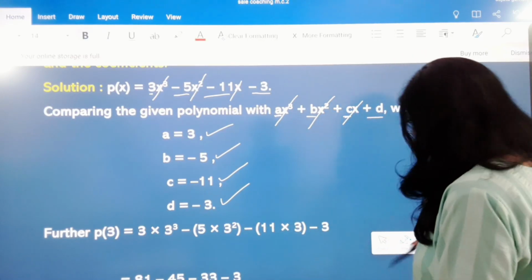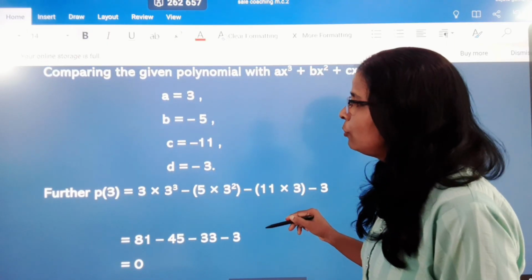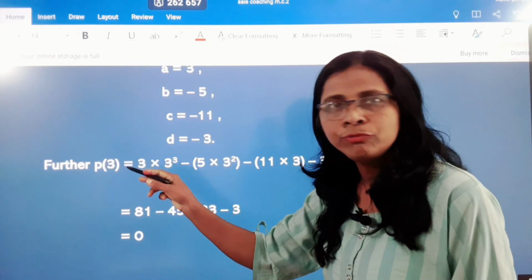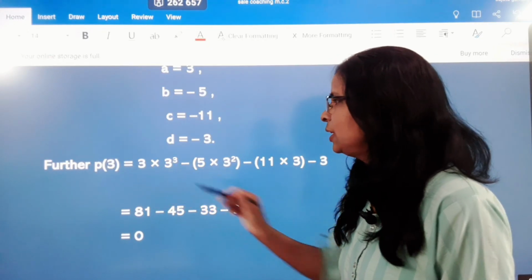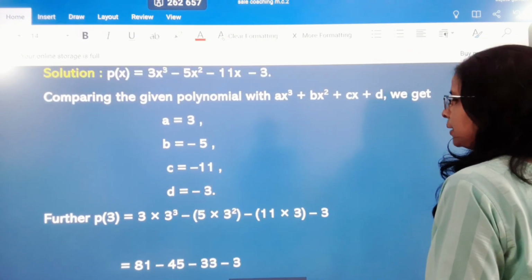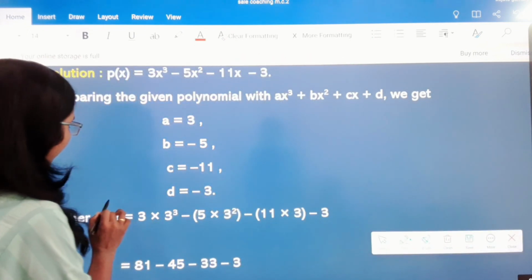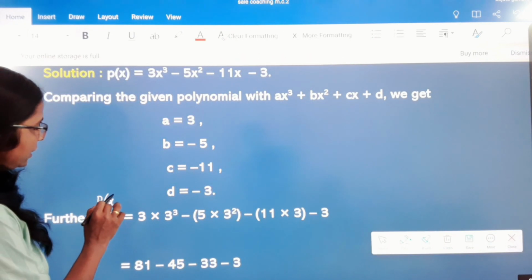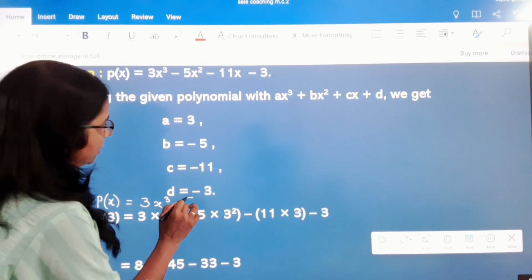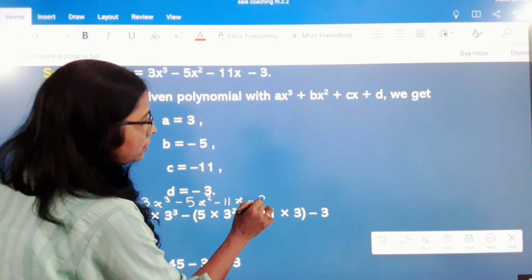Now further, that is p of 3. Now we have to find out at 3 what is the value of the polynomial. So p of 3, our polynomial p of x is equal to 3x cube minus 5x square minus 11x minus 3.